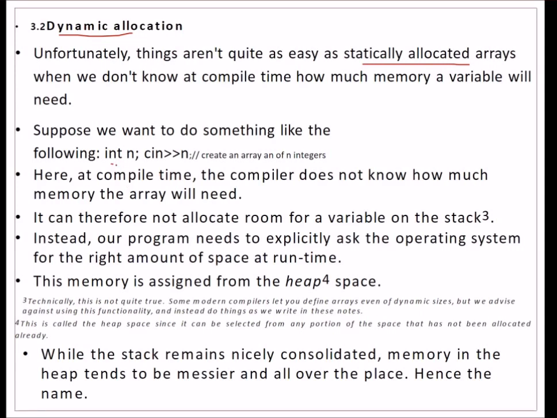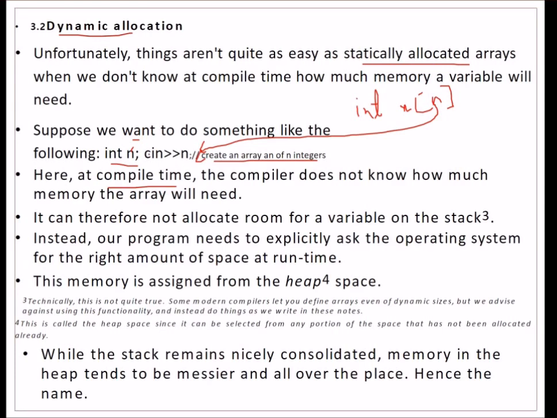For example, just take this instance, int x[n]. This creates an array of integers. Here at compile time, the compiler does not know how much memory the array is going to take if we define an array, let me rephrase it, int x[n]. Now the user is taking n from the input.